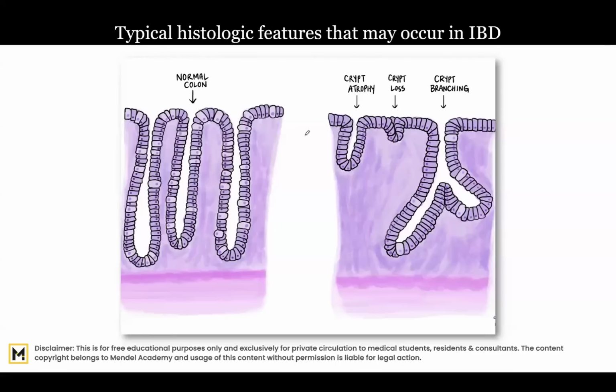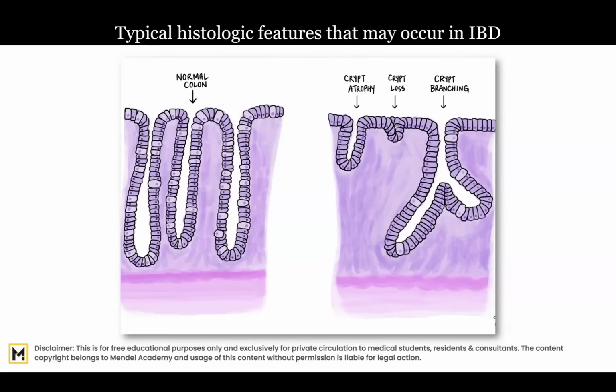Now, before I show you the image, let us look at these illustrations because they simplify everything. So this is the normal colon with the straight crypts that we see, the test tube kind of appearance. Now, with IBD, you are going to see these three changes. There is atrophy of the crypt, which means the height of the crypt is decreased.